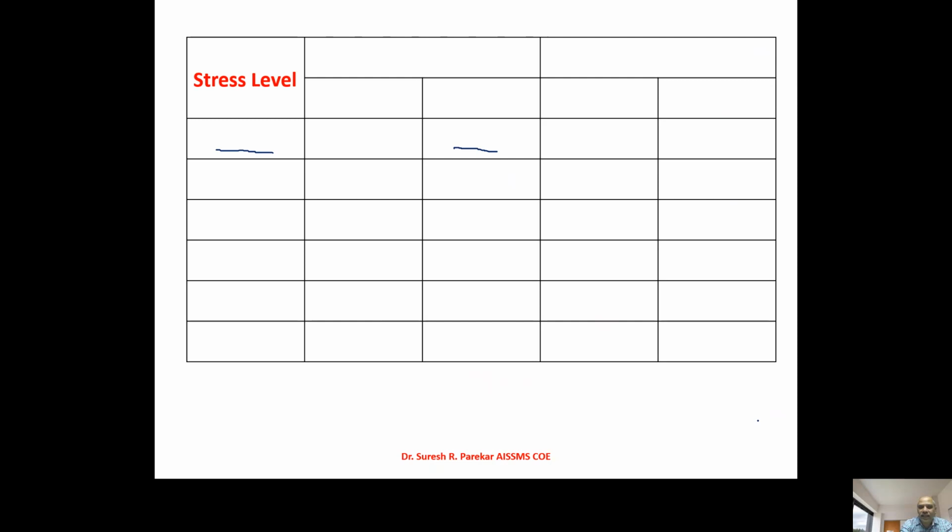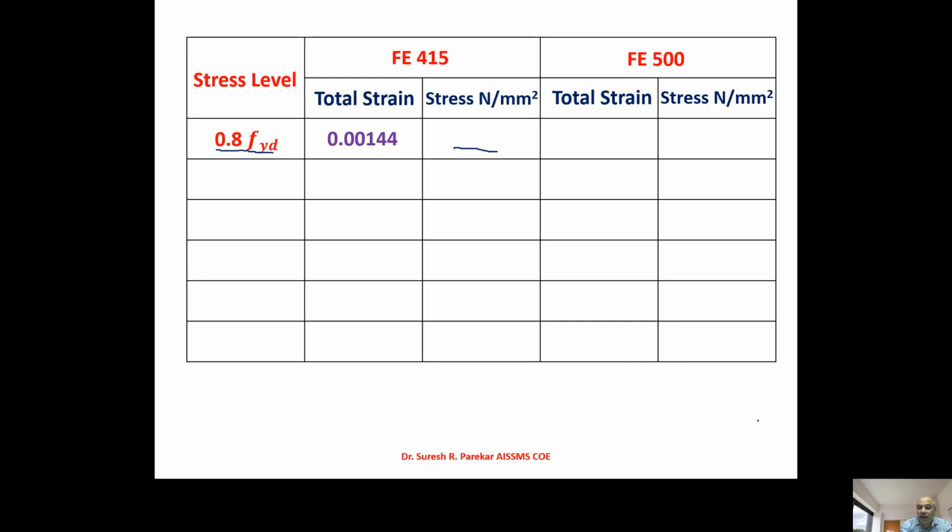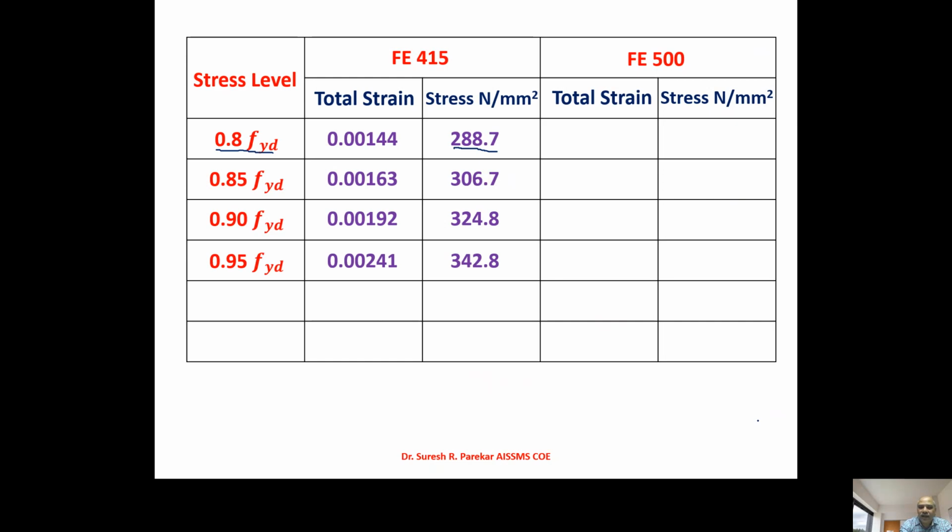In the next table you can see how to calculate elastic strain plus inelastic strain, which we know now. This is the table for Fe 415 and Fe 500, and you require this table to solve problems in the examination, so we should know how to calculate these values. We have 0.85 fyd, then 0.9 fyd, 0.95 fyd, 0.97 fyd, and 1 fyd.